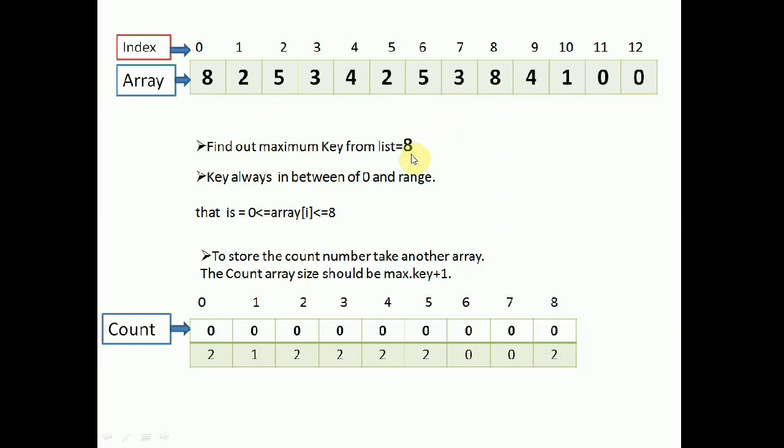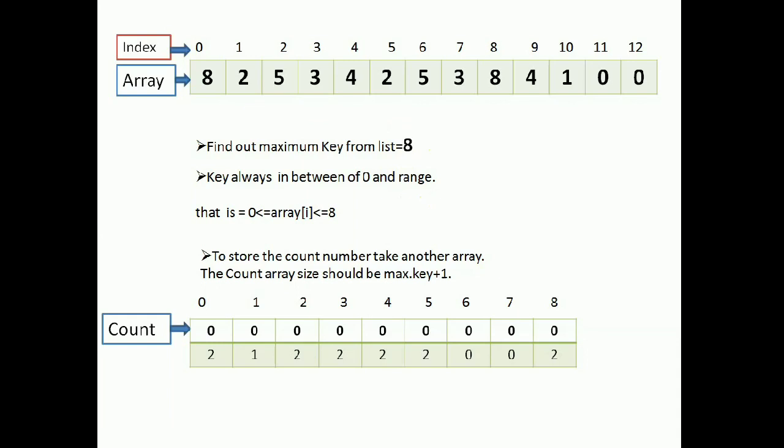So we find the largest key from the list. Next, any key is always between 0 and the range, in this case 8. Don't be confused: range here means 8. Whatever key you take must be between 0 and 8.